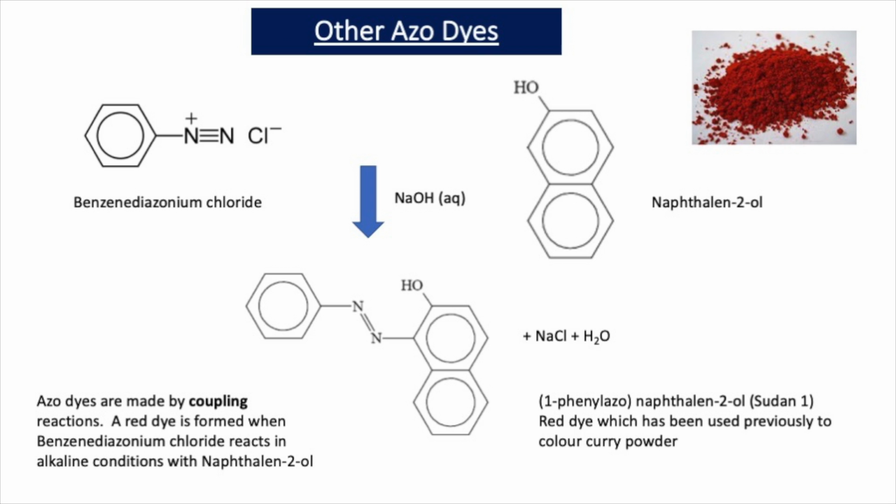And this time it couples next to the OH group because the 4 position is taken by the ring, so it has to couple next to the OH group. And this is common in these circumstances. Now this azo dye is red, and once again this red colour is caused by the presence of an azo group which is absorbing light in the visible region.